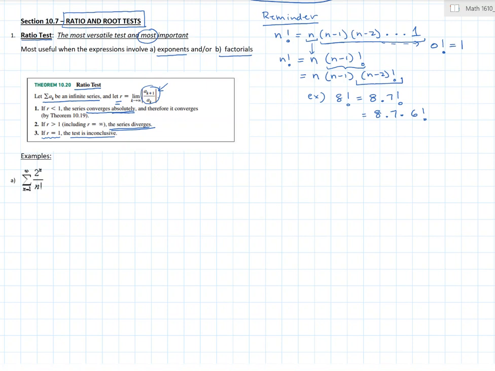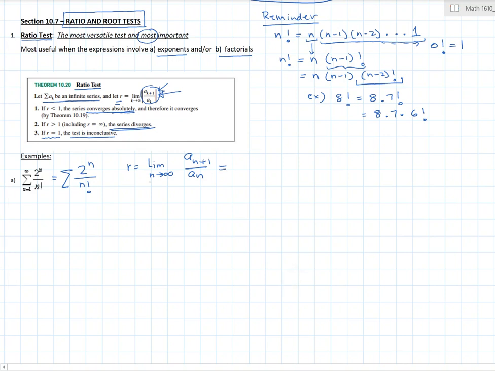Okay, so let's learn and practice with the following first classical example. We want to see this series, which is 2 raised to the power n over n factorial. So does it converge or diverge? So let's start. We have to find this R, which is the limit as n goes to infinity of a_(n+1) divided by a_n. So that is what this is saying.